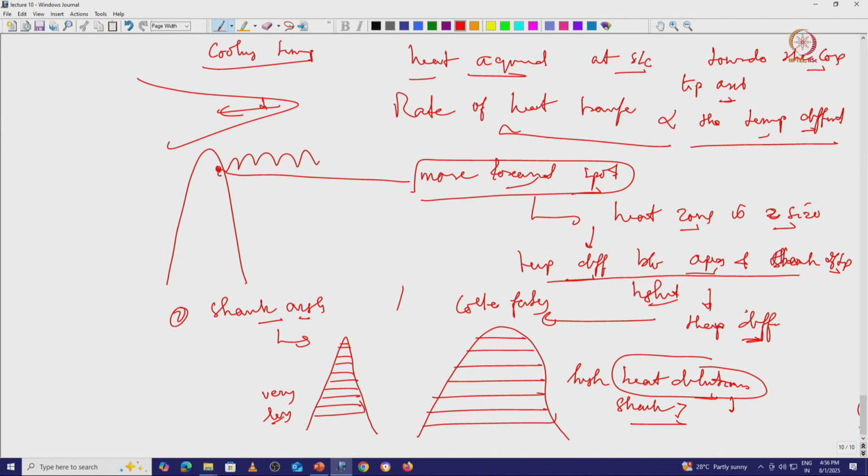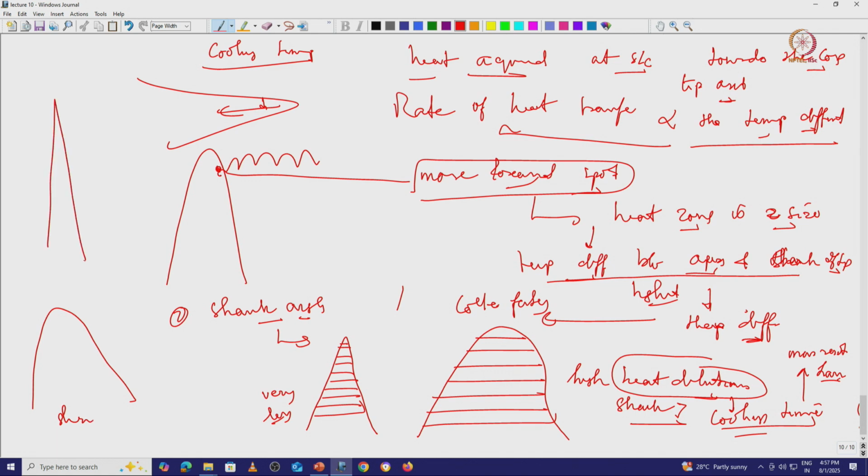So the cooling time is the main parameter governing the mass resolution in the case of thermal or laser pulsing. Fine. So if you want to use a laser pulsing method, usually what we do is keep the needle specimens thicker, with a higher shank angle, not thin samples.